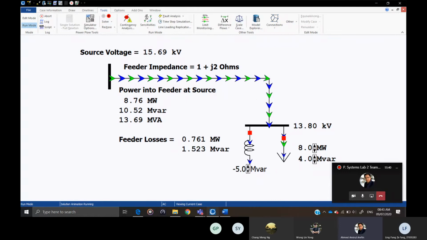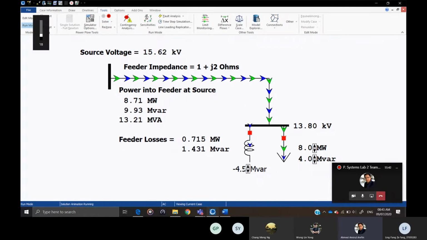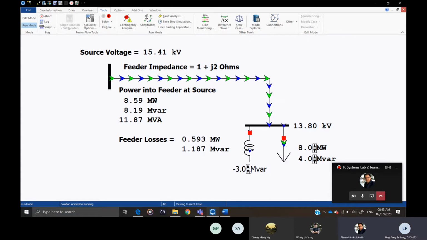So what is happening to the real power? The real power is increasing. And what about the source voltage? Also increasing. So basically you are changing the value of the inductor. Can you tell me the fundamental of the inductor?